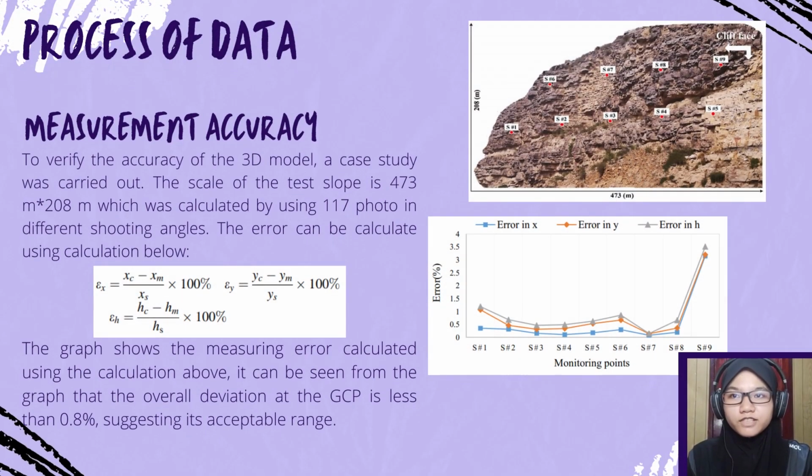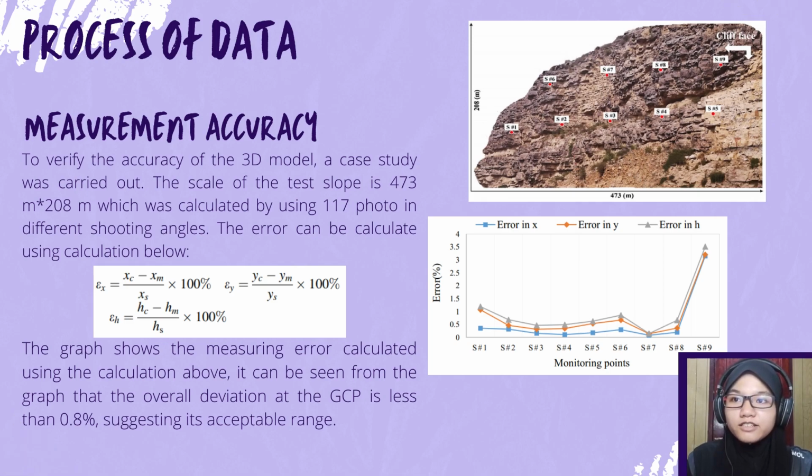In the process of data, we have the measurement accuracy method. To verify the accuracy of the 3D model, a case study was carried out. The scale of the test slope is 473 meters by 208 meters, which was calculated using 170 photos taken from different shooting angles.